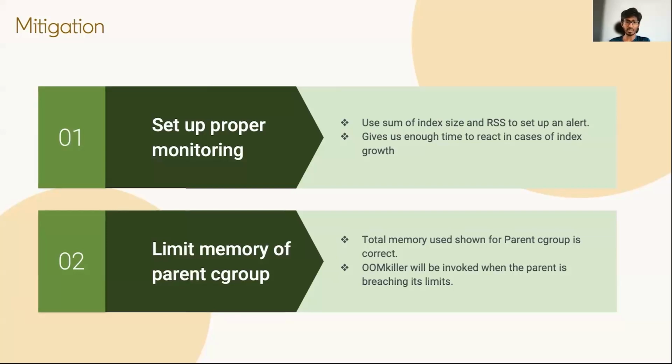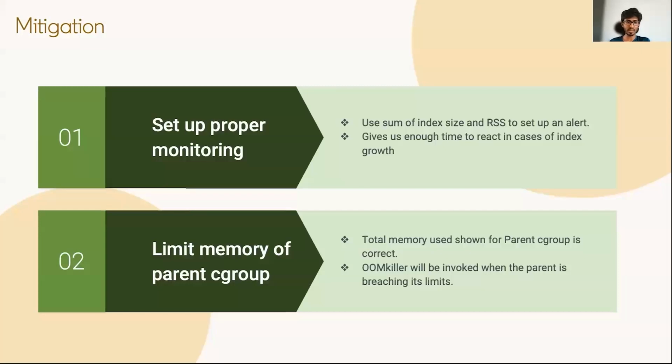This helped us in situations where the index kept growing. But we still had the second issue, right? Where a sudden increase in memory usage wouldn't really be helped by this, because if a sudden increase happens and our host dies, monitoring is not going to help because the host dies anyway.